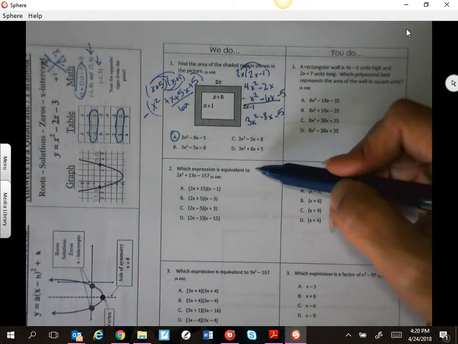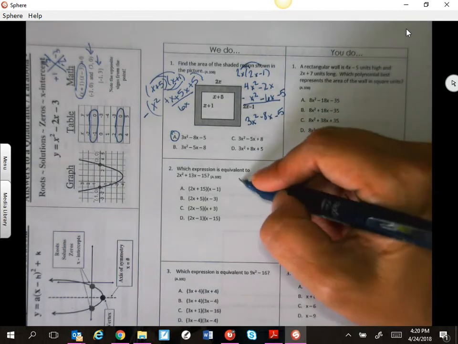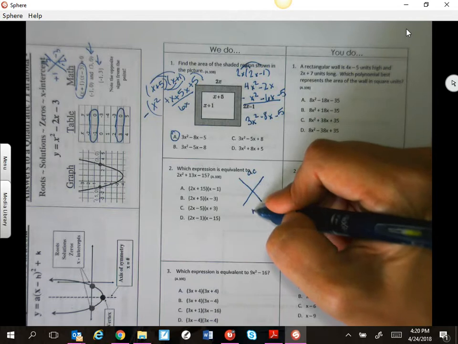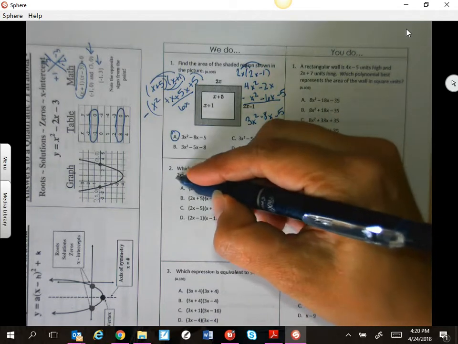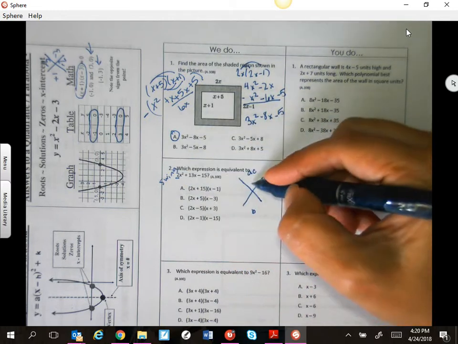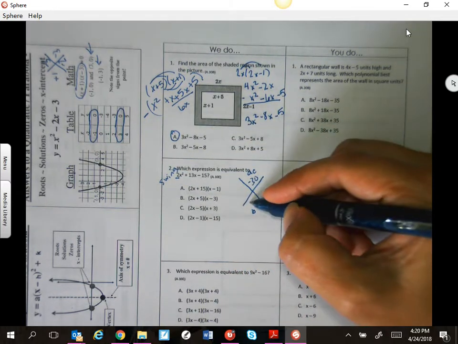On this next one, which is equivalent, this is going to be where you're factoring. So you can remember on a cross puzzle we have a and c and b. Now this one, a is 2, so we're going to have to do the swing method. So 2 times -15 is -30, b is 13.